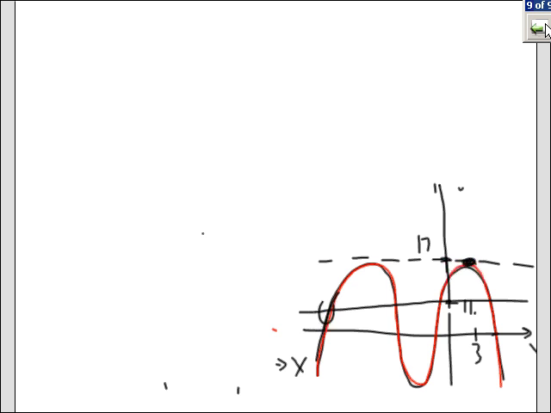Because 11, you can get 11 4 different times. You can get 11 by plugging in -12, by plugging in -2, by plugging in -1/2, and by plugging in 4, for example. So you will not be able to retrieve the x value.